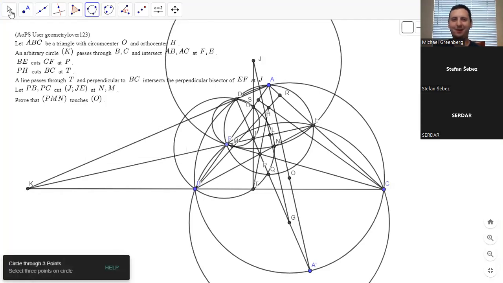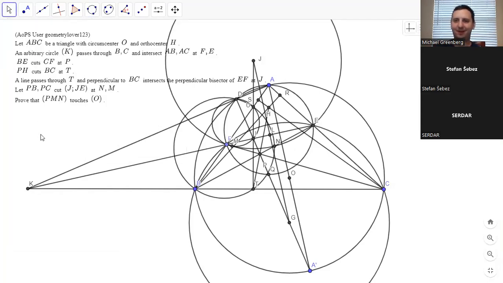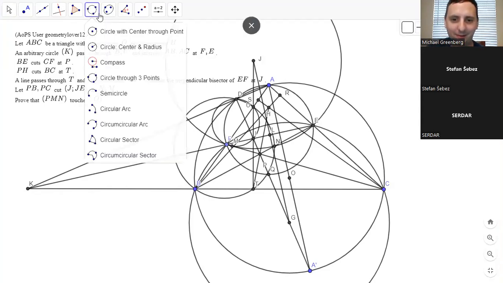Wow, this is one really super problem. I can't believe we made it this far. Let's see if we can prove the tangency.